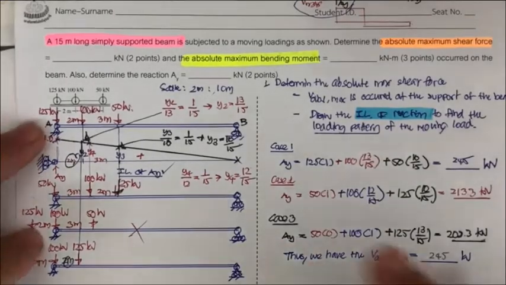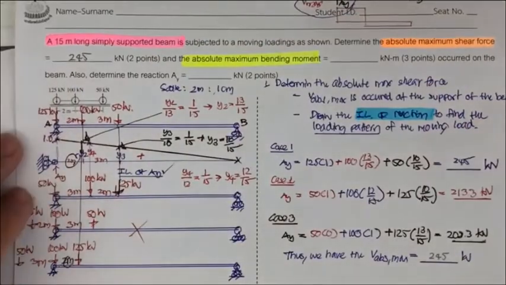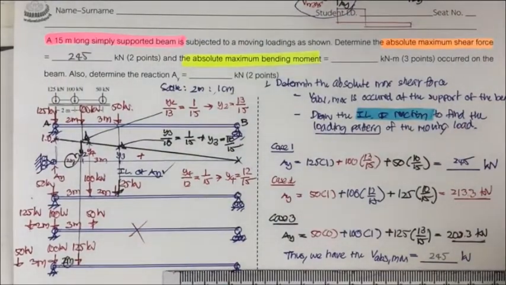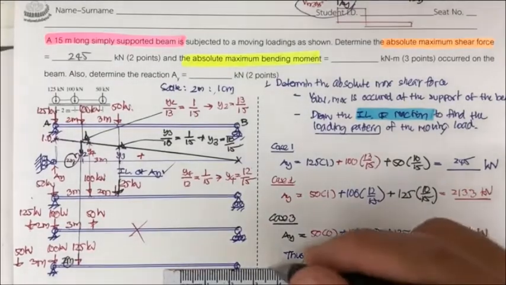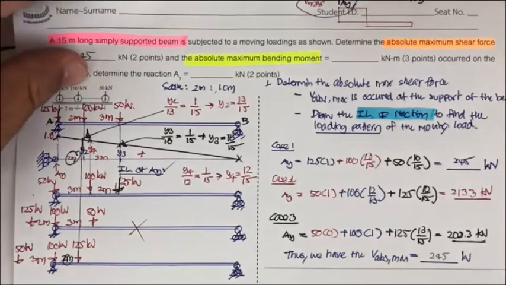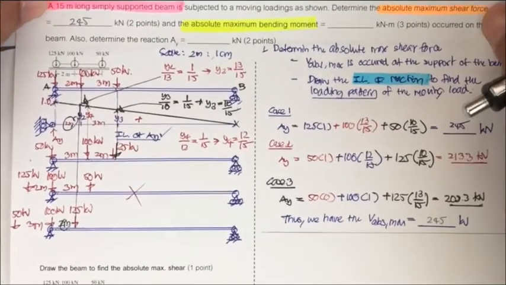And the answer is going to be 245 kilonewton. And that is the first one. You guys need to be very careful when considering the cases that will produce the maximum shear on the beam.